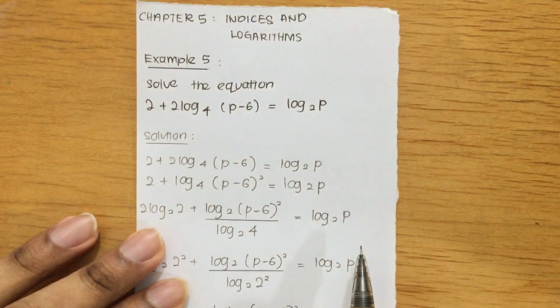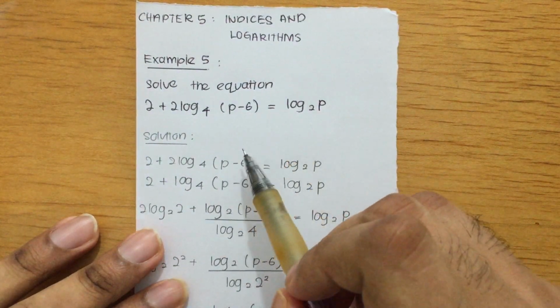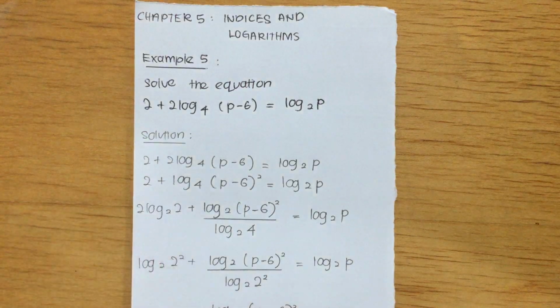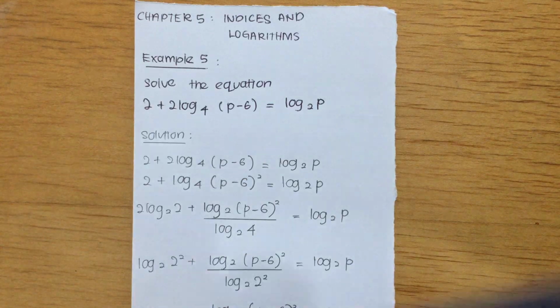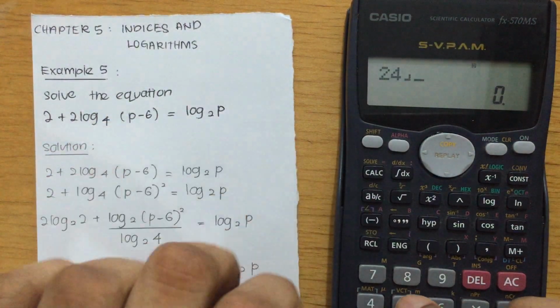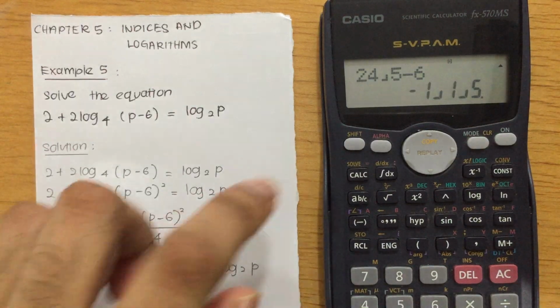So what we're going to do is substitute the value over here. When you substitute 8 inside, 8 minus 6 you will get is 2. So you will get all your values as positive values. But when you substitute 24 over 5 inside, you'll get a negative value. So I'm going to show you now. Okay, 24 over 5 minus 6, guess what you're going to get?